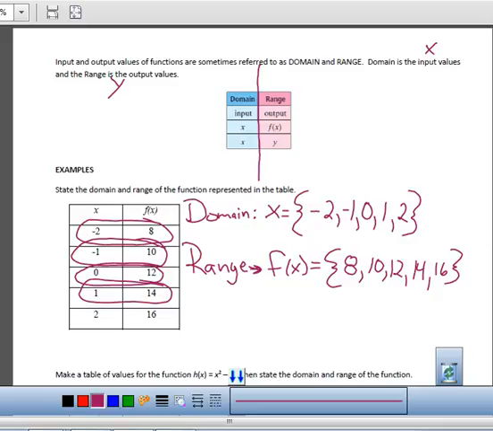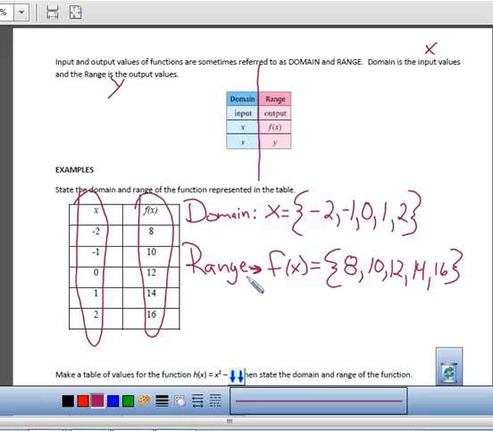This time, we are naming just the input values as our domain, and then our output values as our range. So we're grouping them vertically, at least for this example, to name what the domain is and what the range is.